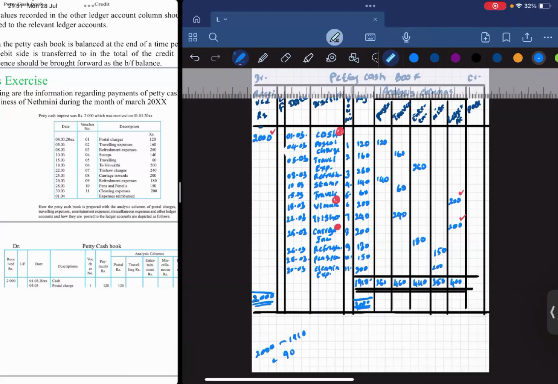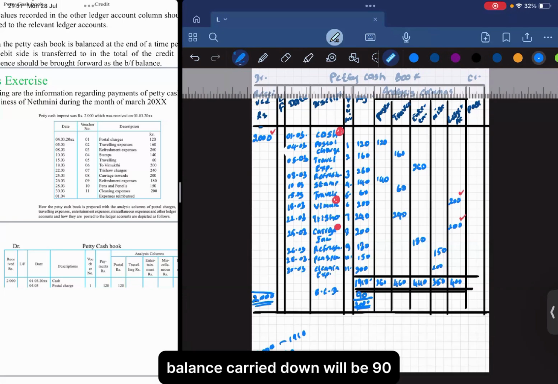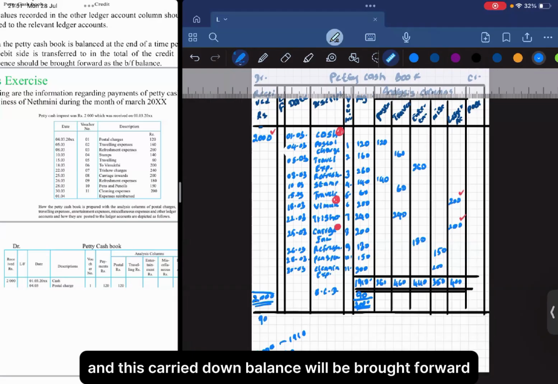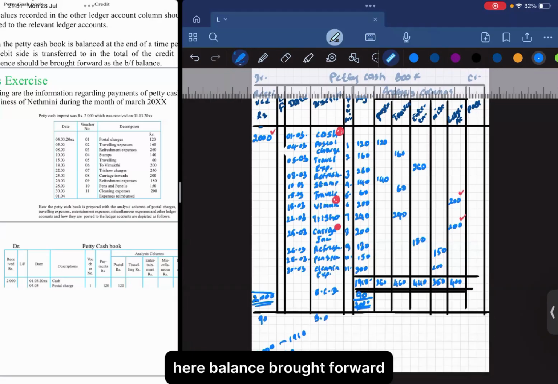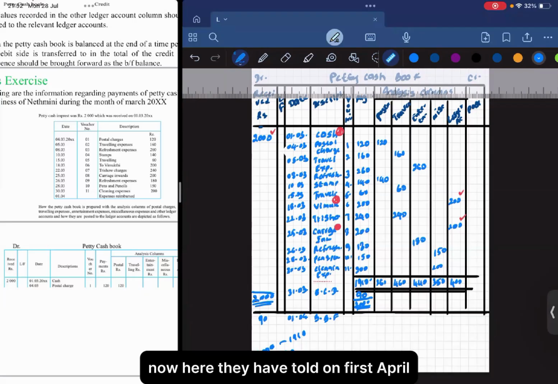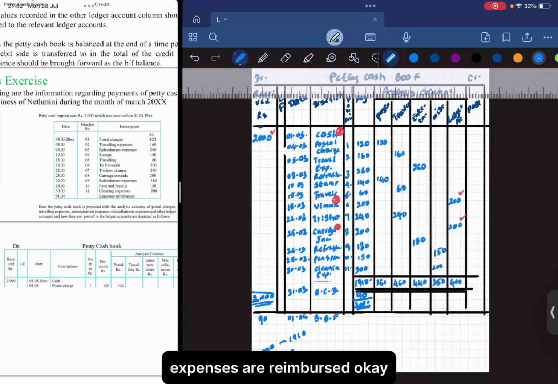So balance carried down will be 90. And this carried down balance will be brought forward here. Balance brought forward, on 1st April, 90. Now here they have told on 1st April expenses are reimbursed. So I will keep it for now.